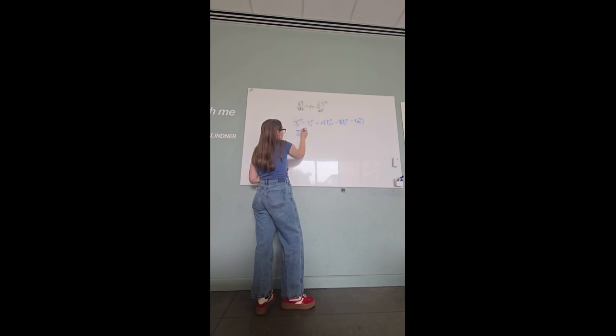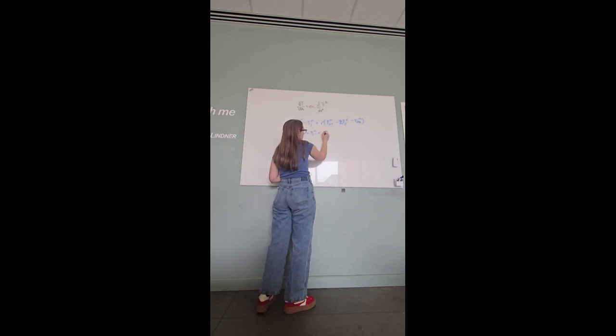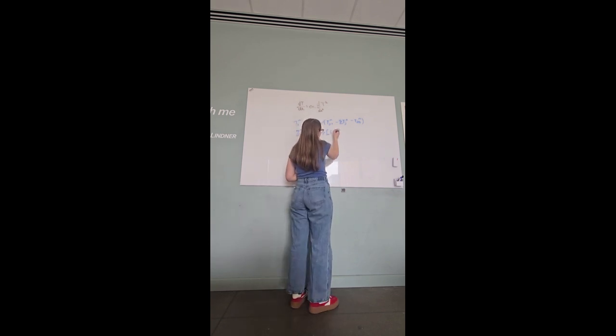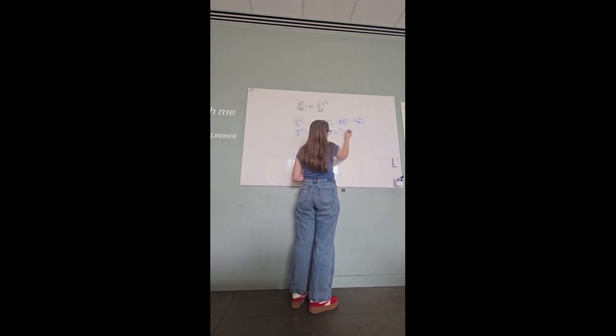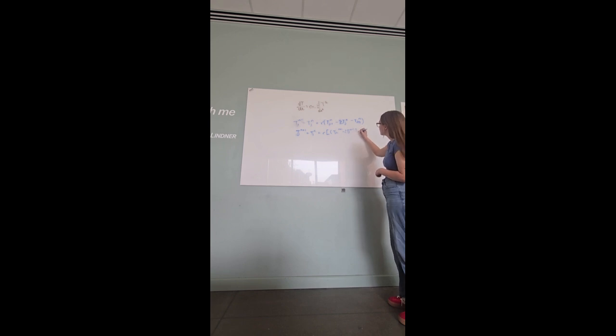T_j^(n+1) equals T_j^n plus R, and then we're going to do brackets. So then we have our T_(j-1)^(n+1) minus 2 T_j^(n+1) plus T_(j+1)^(n+1), and then we're going to add that.